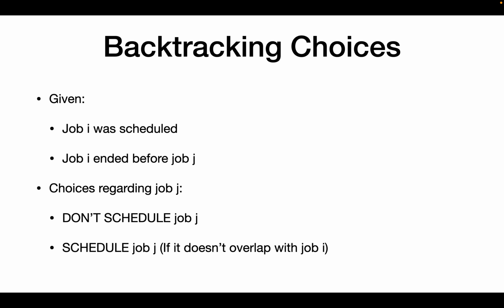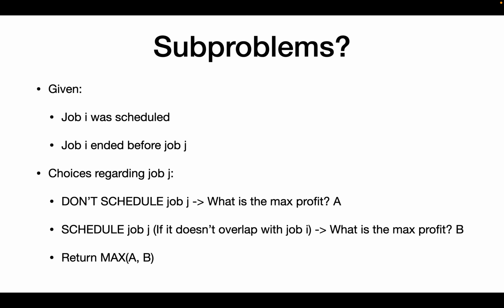Can we return the maximum profit from every point in the recursion and try to combine those subproblems into the ideal optimal dynamic programming solution? And the answer was yes, it worked.